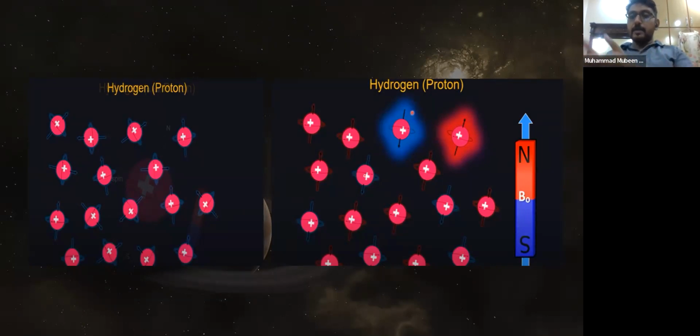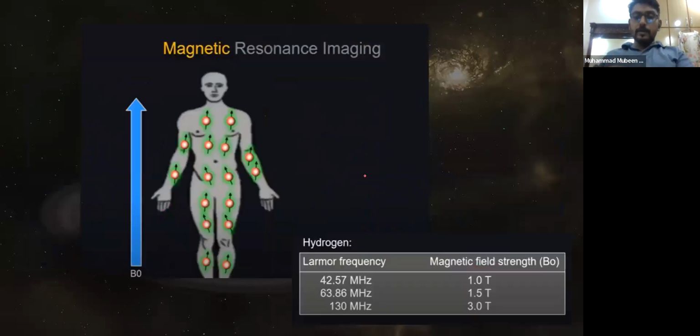This happens when you are lying in the MRI machine, just like a patient lying in the machine. B naught is the strength of the magnetic field, and its axis is taken by default as the Z axis for convenience.